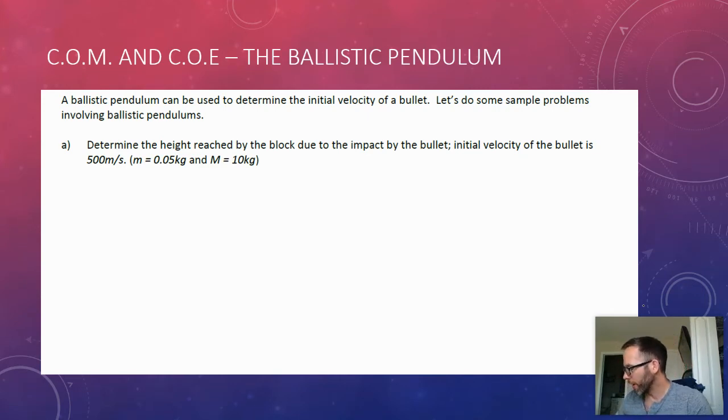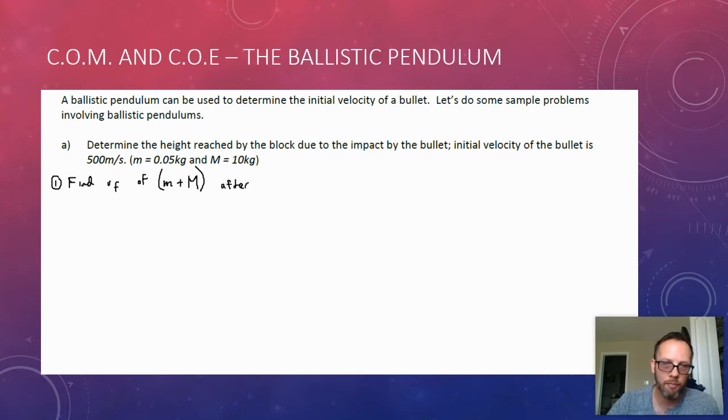So what we want to do first is analyze the speed of the bullet-block combination right after the collision. So I might say it this way, just to save some space. Find VF of m plus m. So that's when the bullet embeds itself in the block. That's going to be their combined mass after the collision.